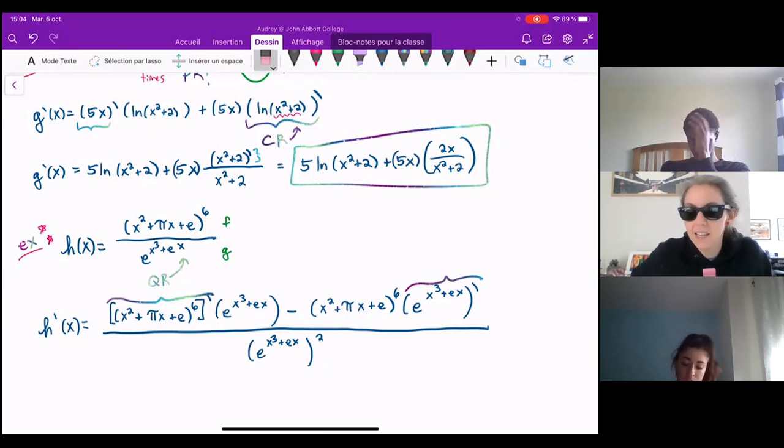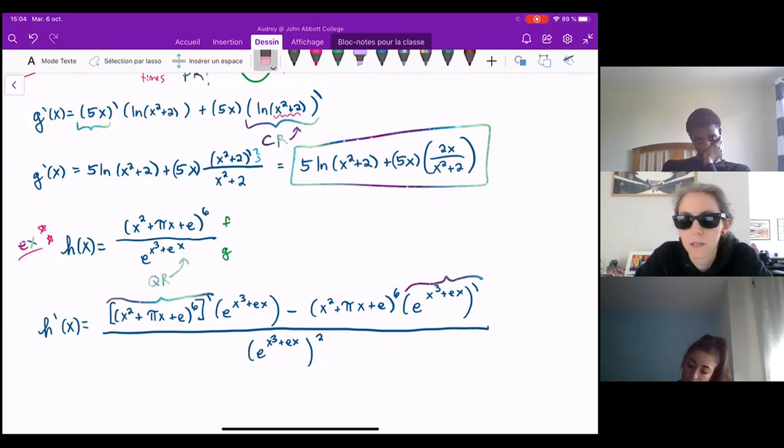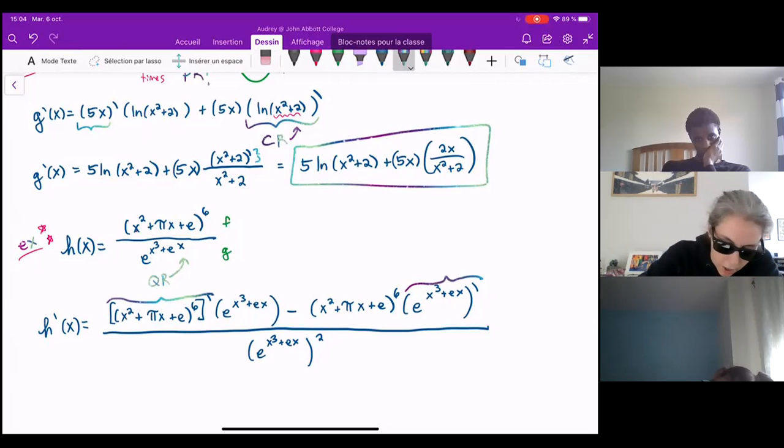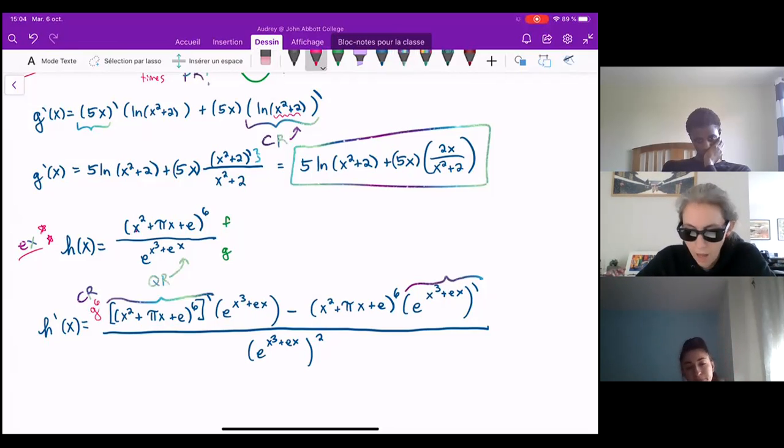Do these things need a product rule, a quotient rule, or a chain rule? So first I have x squared plus pi x plus e to the power of 6. What does that need? You got it, Mikhail. That's going to be a chain rule because here it's like I have a function, so I have my g to the power of 6. And what about over here, e to the x cubed plus ex?